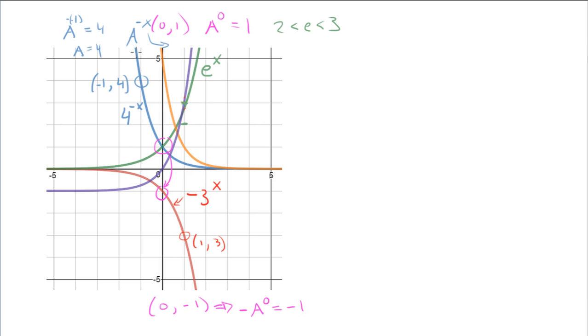Okay, so we took care of the blue one, the green one, and the red one. We have purple and orange left to go. And what's interesting about both of them is when they pass through 0, they're not at height 1. So I think both of these are shifted. Taking a look at this orange one right here, I'm going to highlight that spot.